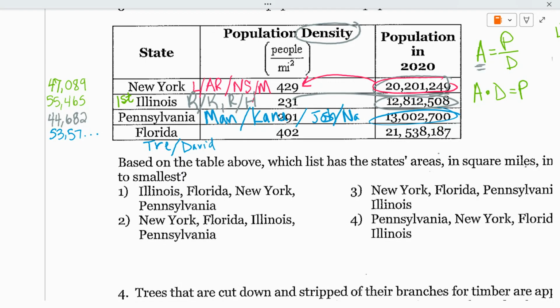I couldn't hear what he was saying. I asked him twice, so I just put dot, dot, dot. That worked for me. Okay, which is the next one? Florida. And then what? New York. And then last is Pennsylvania. Okay. So what is my answer choice? Yeah, answer choice 1.